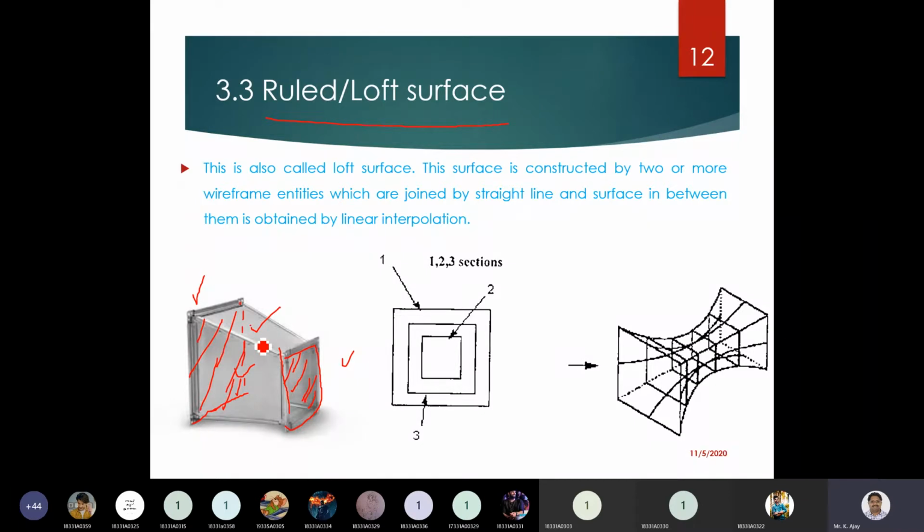How all the 4 surfaces are generated, and what the mathematics behind that is, you can understand by understanding the ruled or loft surface technique. Let us try to understand one surface. Why? Because if you understand the technique behind one surface, the same technique you can apply for all the remaining 3 surfaces.